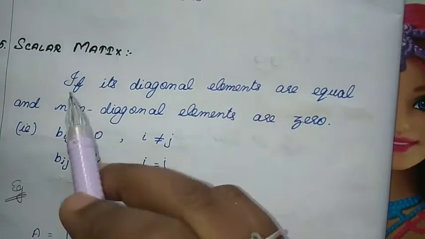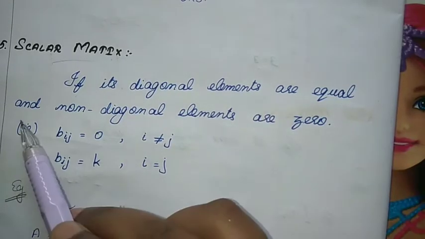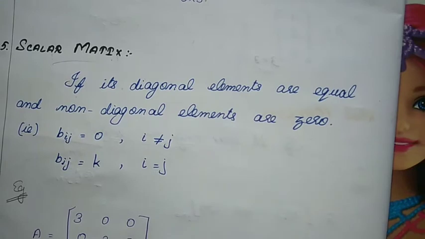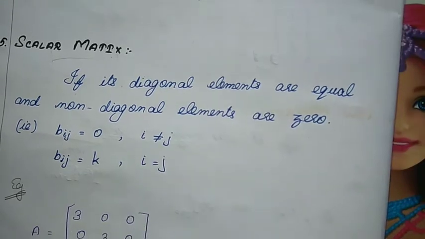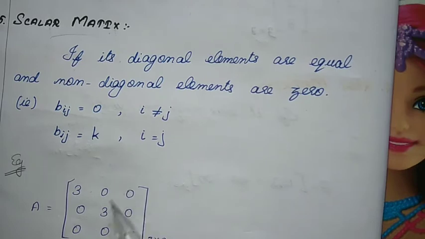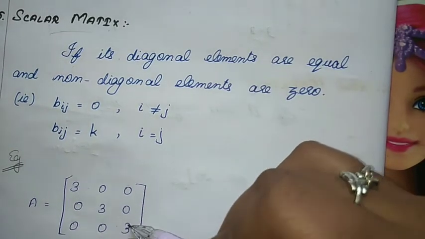The fifth type of matrix is the scalar matrix. If its diagonal elements are equal and non-diagonal elements are 0, then it is called a scalar matrix. For example, in this example, diagonal means only this one, okay? We should not look this way, we have to look over here.